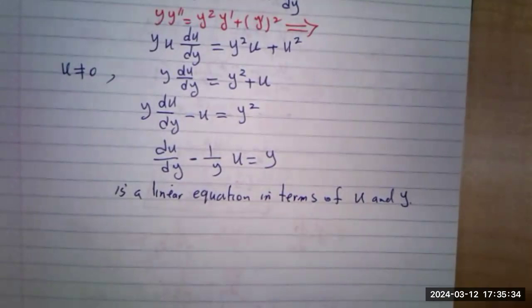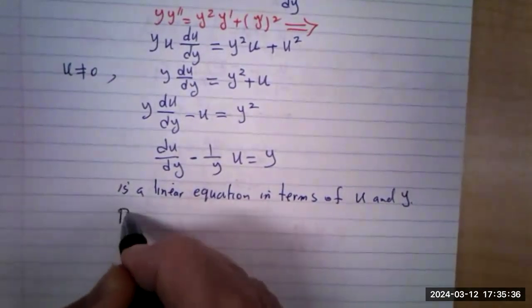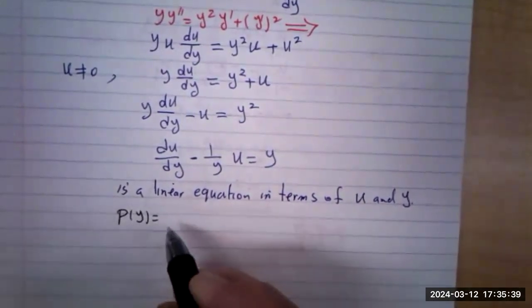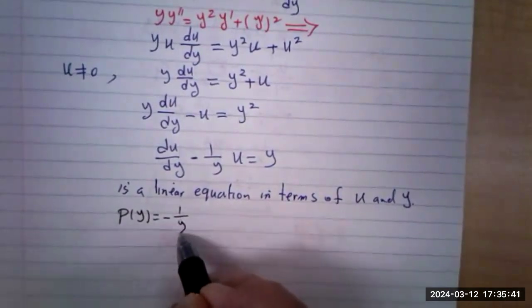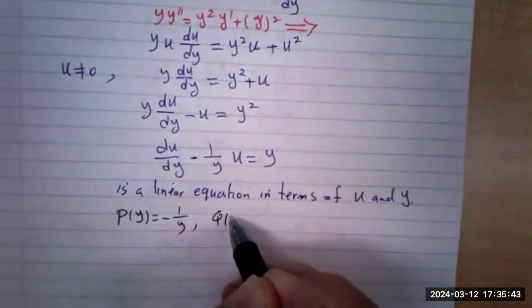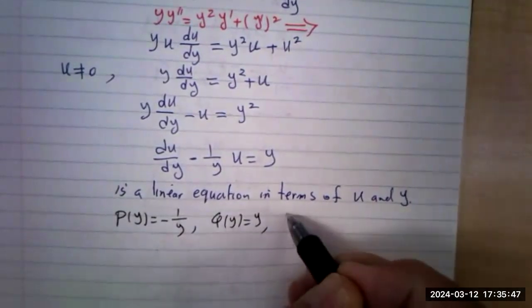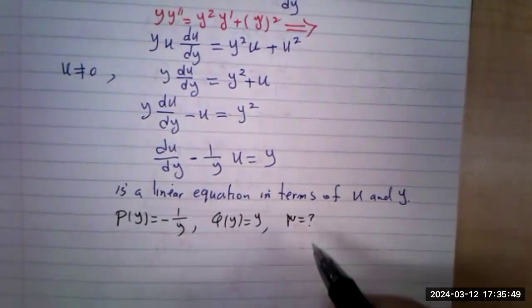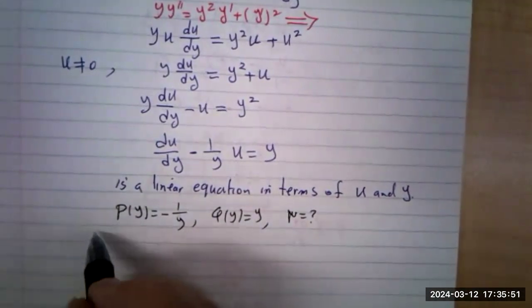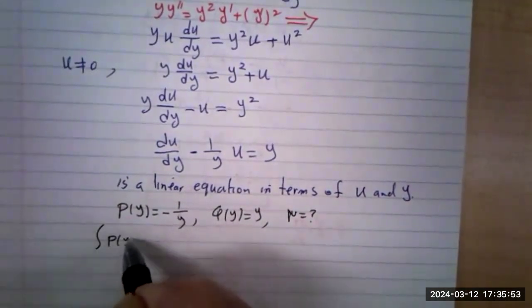Solving it, we start with p of y, which is negative 1 over y, and q of y, which is y. You have to find the integrating factor mu first. We go with the integral of p of y dy.